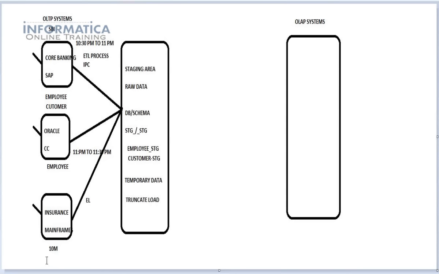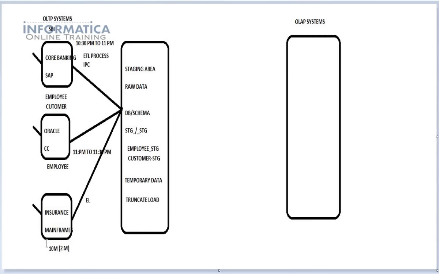Let us say on day 2, out of these 10 million records, 2 million records are changed, which means 2 million records are updated in the source system. So you still have 10 million records in the source system, but 2 million records are changed.